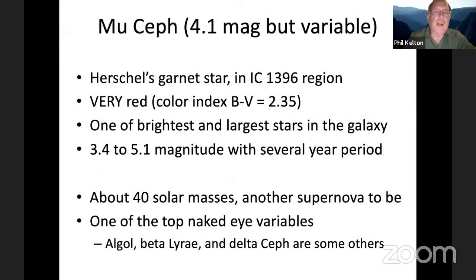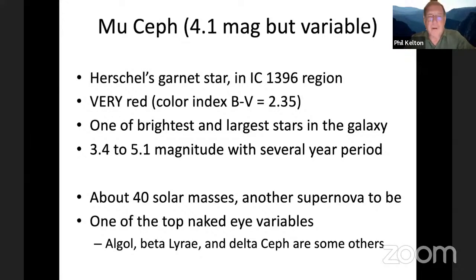My next star is pretty close by, also in Cepheus, Mu Ceph. It's also known as Herschel's Garnet Star. It's a variable, 3.4 to 5.1 magnitude over a several-year period, so it's easily visible to the naked eye. It's also one of the largest and brightest stars in the galaxy, and it's very red.